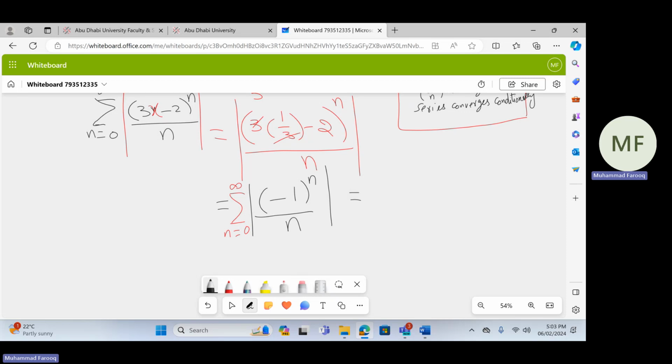Now look at it: minus 1 to the power n has absolute value, and n also, and the sum is from 0 to infinity. The numerator answer is positive, so basically I always get positive in the numerator.